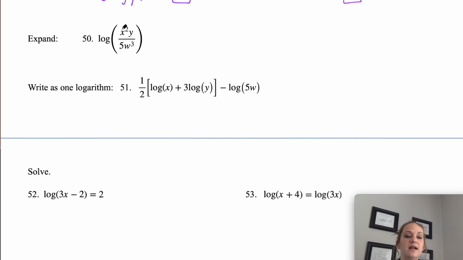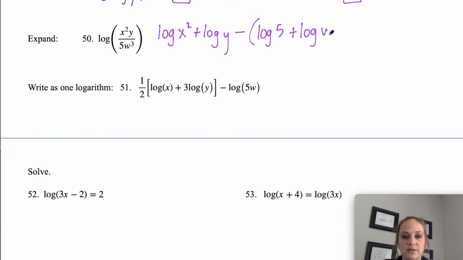Expand. If you're multiplying, then you would add logs, so you would have the log of x squared plus the log of y. And then division means subtraction, but there's multiple things in the denominator, so you need to put a parentheses. And it would be log of 5 plus log of w to the third.